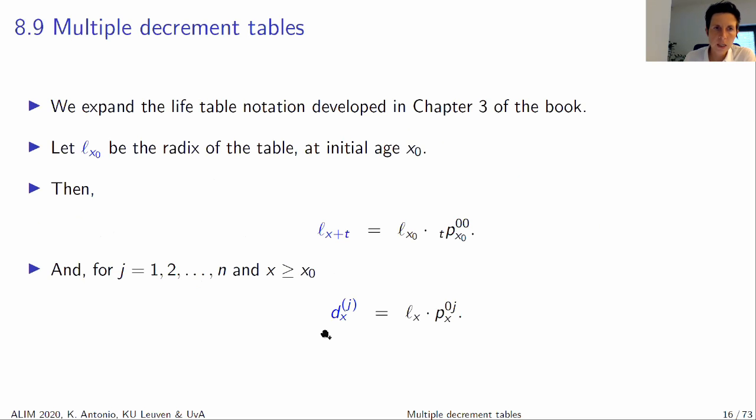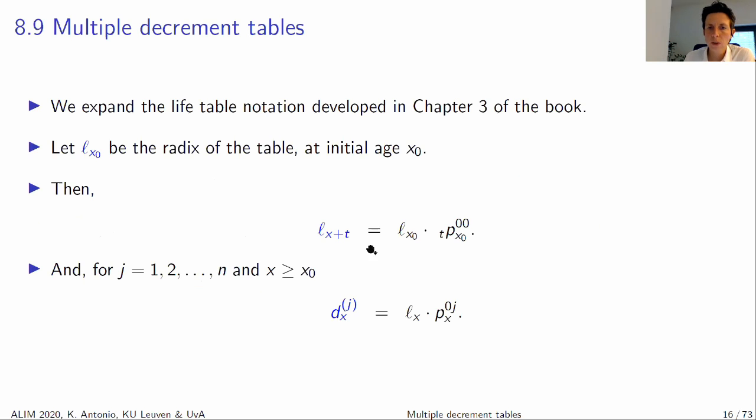So what I want to say here is, I think it's pretty simple, and we're going to use this in one of the next examples, but we're going to start with a group, for instance, of size 100,000 people. So that's going to be l_{x0}, the radix of our table, at initial age x0.